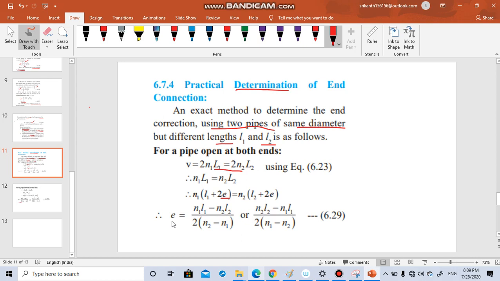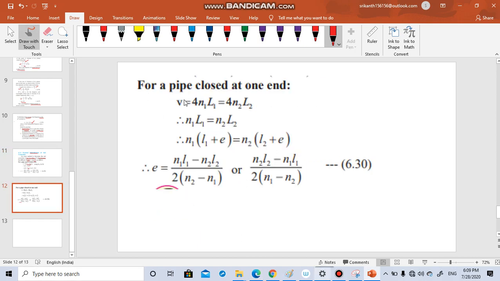End correction is required so that you accurately calculate the distance between node to node or antinode to antinode. That only will give you an exact idea about how the wave pattern is. You cannot take the geometric length, otherwise your frequency calculation will go wrong.